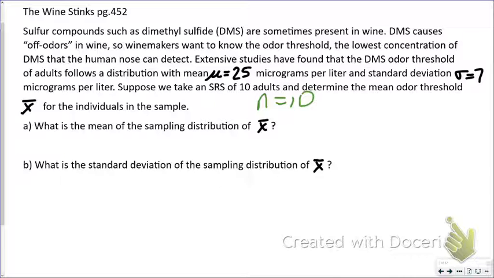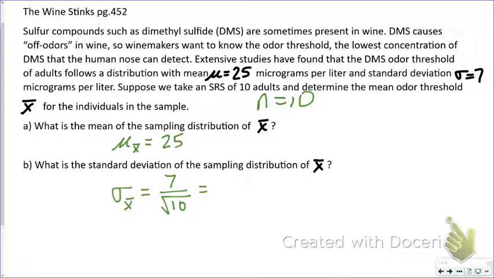the first question is almost too good to be true. It's property 1. Mu x bar equals the true mean, 25. For the standard deviation, one little step is required. Remember, it's the true standard deviation divided by the square root of the sample size.